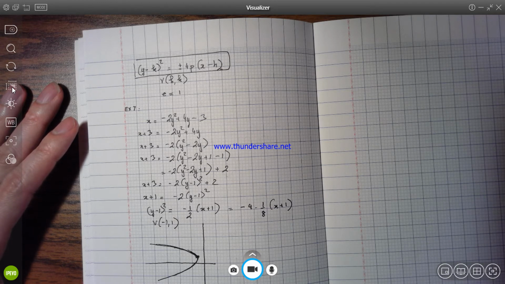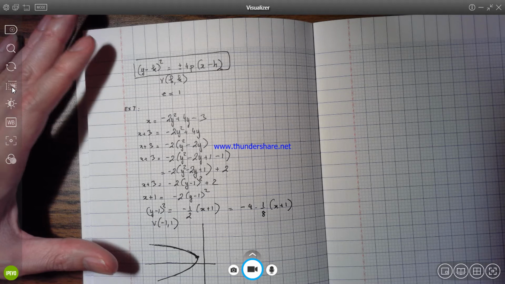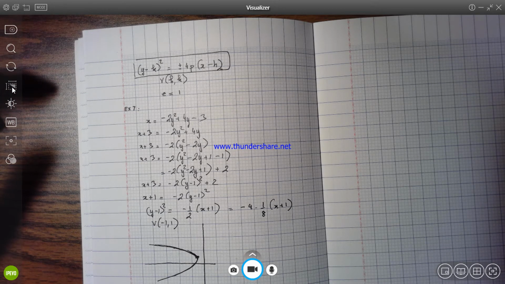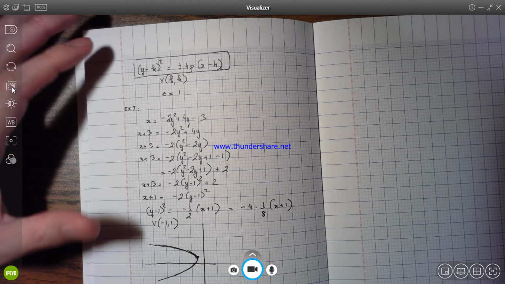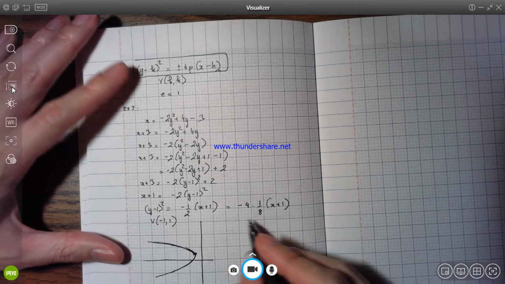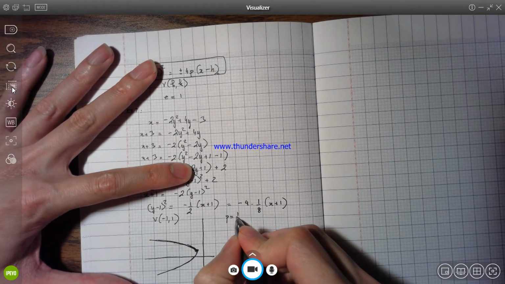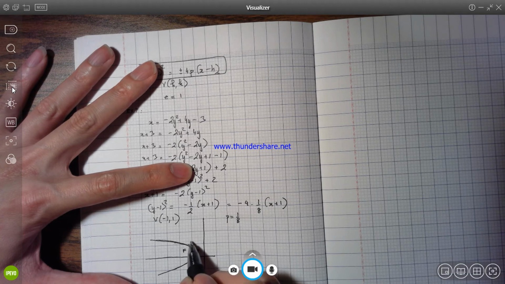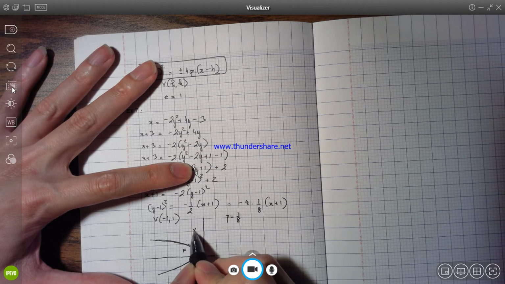So that's negative 1 and 1, and we know that 1 over 8 is very small. So the p is 1 over 8. So the distance between the vertex and F is just 1 over 8. So this is your F right here. So from here to here is 1 over 8.